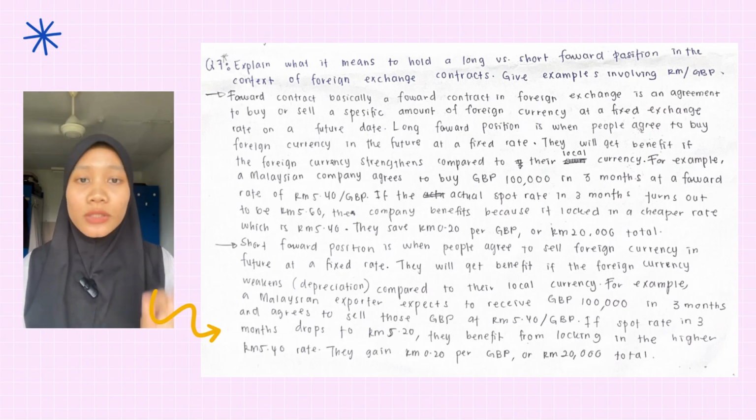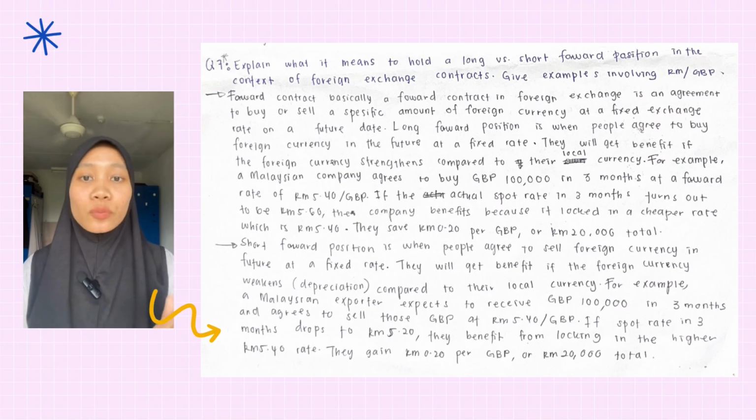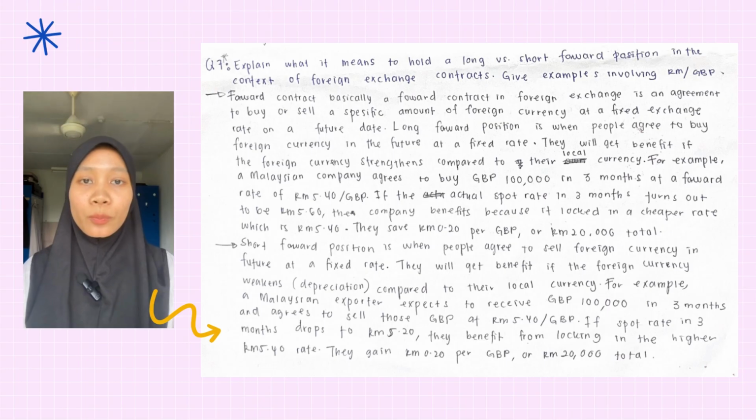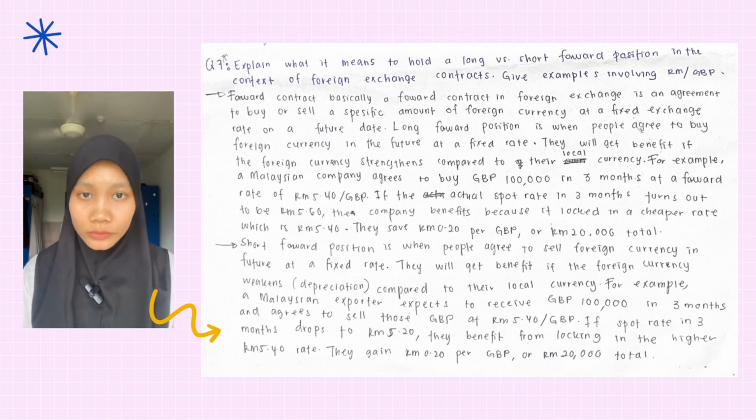If the actual spot rate in 3 months turns out to be RM 5.6, the company benefits because it locked in a cheaper rate, which is RM 5.4. They will save RM 0.20 per GBP or RM 20,000 total.